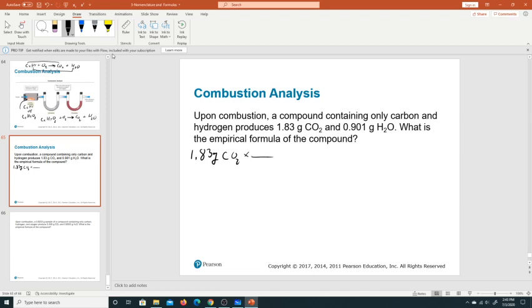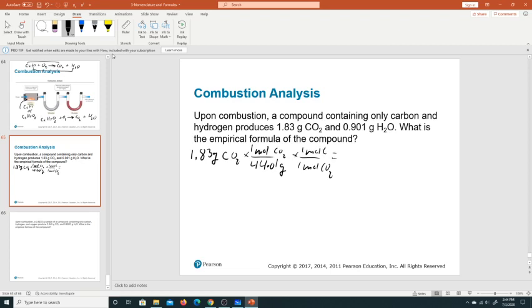Now carbon has an atomic weight of 12.01. Oxygen is 16. 16 times 2, that's 32, plus 12, that's 44.01 grams per 1 mole of CO2. Well, we have to find the number of moles of C. For every 1 mole of CO2, we get 1 mole of carbon.